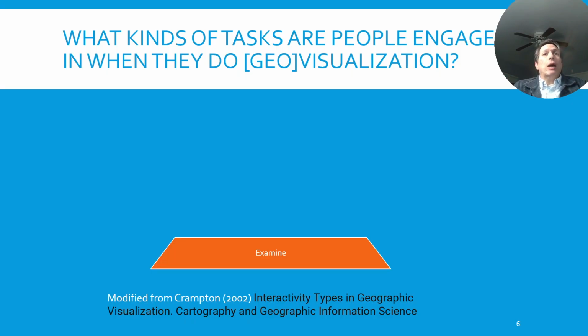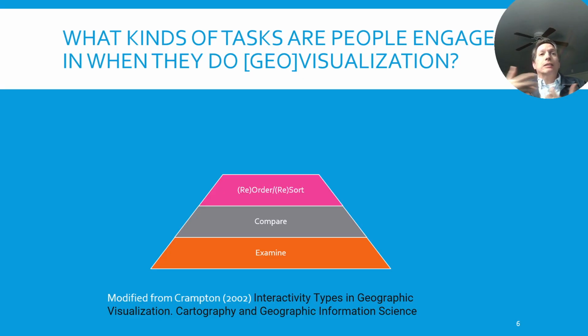Then the first thing is to examine. We want to just look at what is there and what are the relationships of different elements. Then now we can compare. We can compare on time. We can compare in location. We can compare in different dimensions that we have. Then we have the option, when we are interacting, to reorder or resort things and start to see the world in different ways or in different priorities.